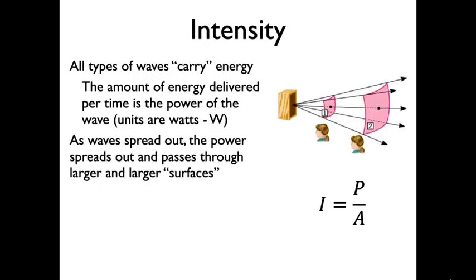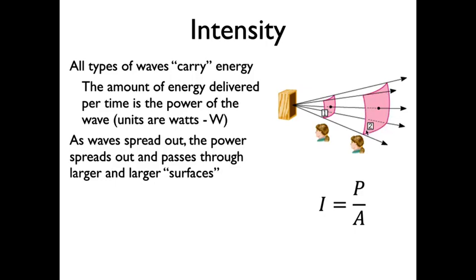As waves spread out, though, the power spreads out, the energy spreads out, and passes through larger and larger, quote-unquote, surfaces. So if I have a speaker, when it gets to observer 1, that sound wave may only need to cover the area shown by diagram 1 here. But as I get out to observer 2, the waves are spreading out, and so now the wave is covering a larger area out here at 2.